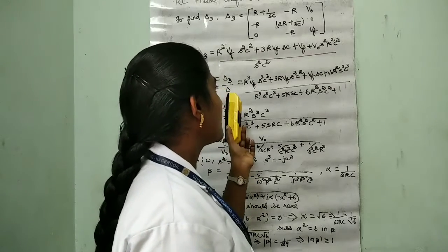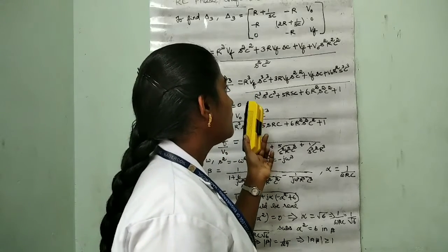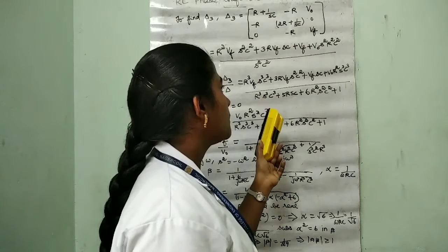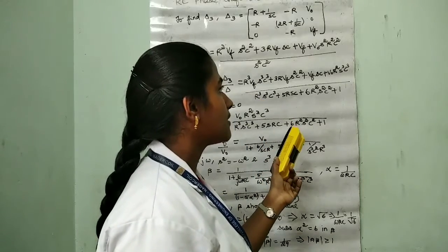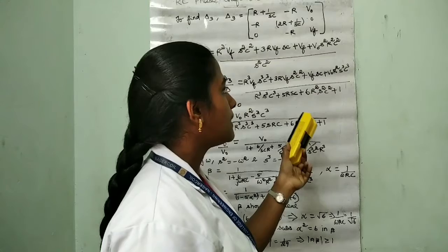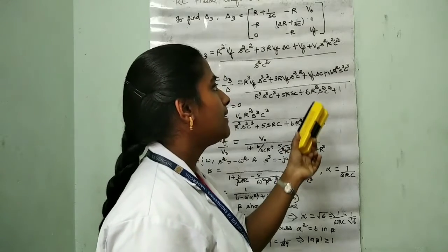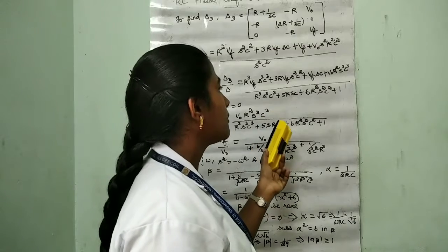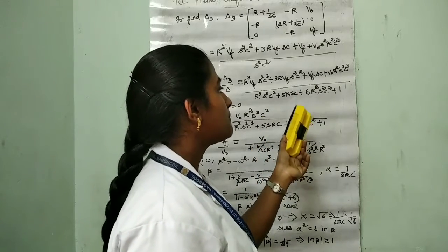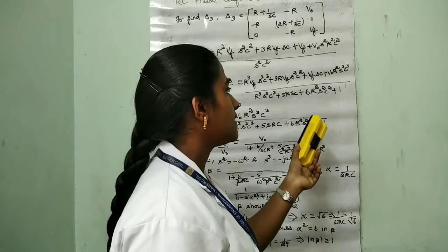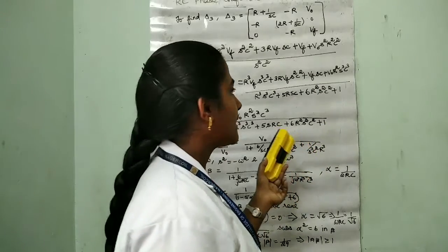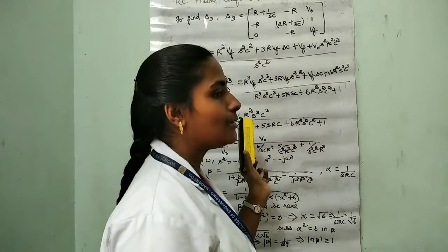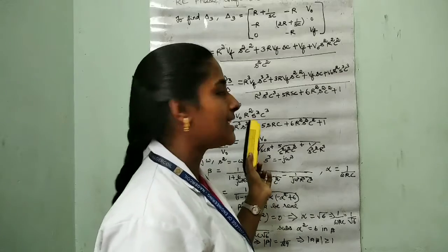So del 3 divided by del is equal to (r cube Vf s cube c cube plus 3r Vf s square c square plus Vf sc plus V naught r square s cube c cube) divided by (r cube s cube c cube plus 5r sc plus 6r square s square c square plus 1). Next, substitute the value of feedback voltage as 0.